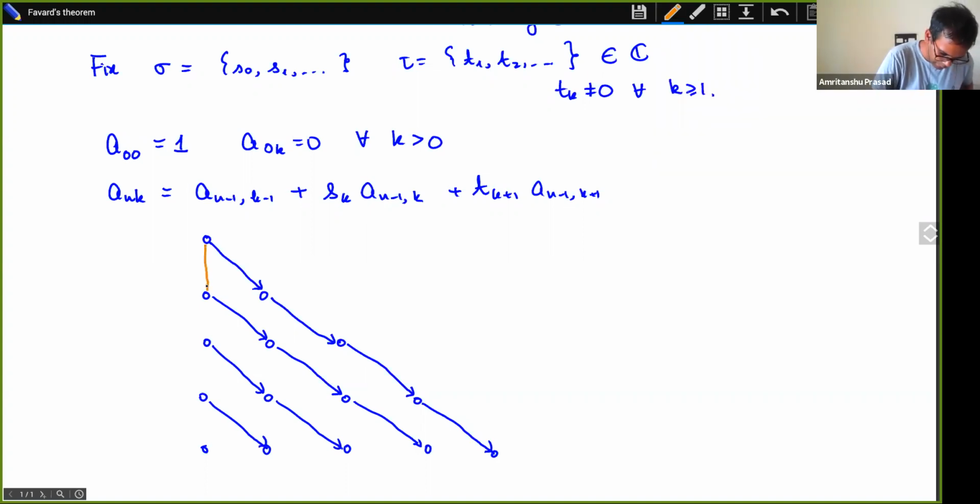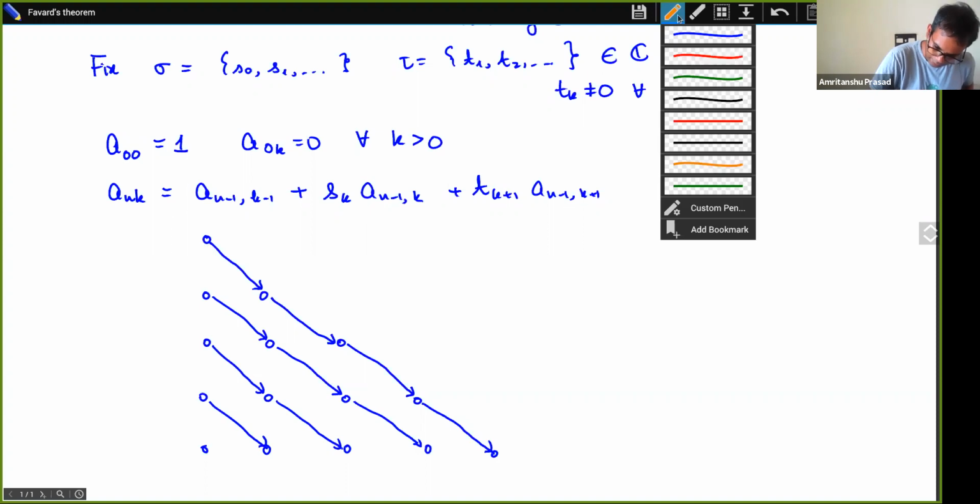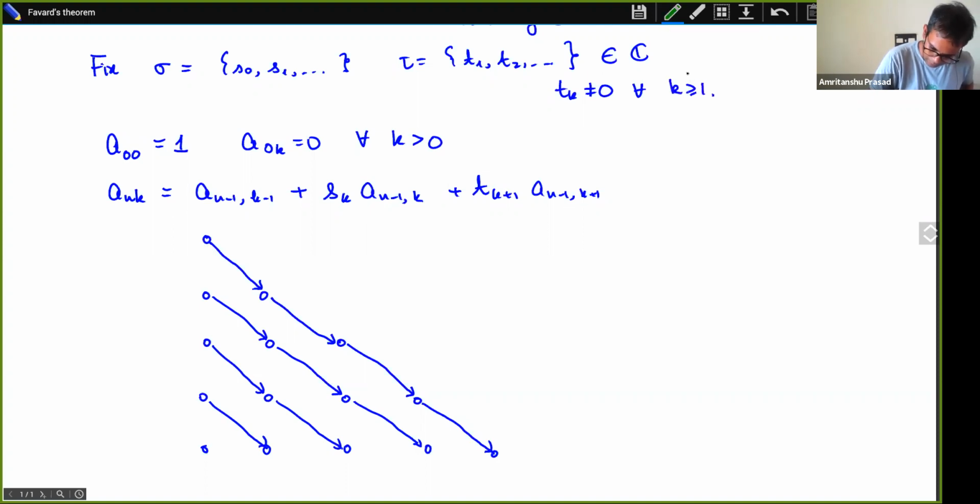These have weight s, given by various s's. So these have weight s0, and then these have weight s1.